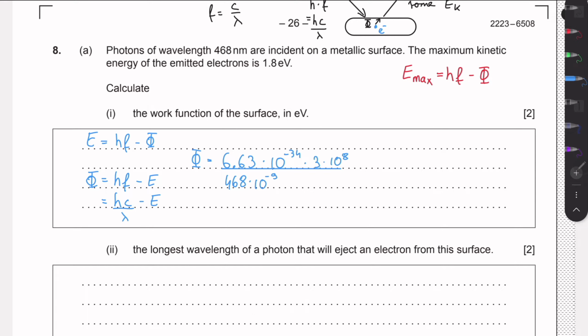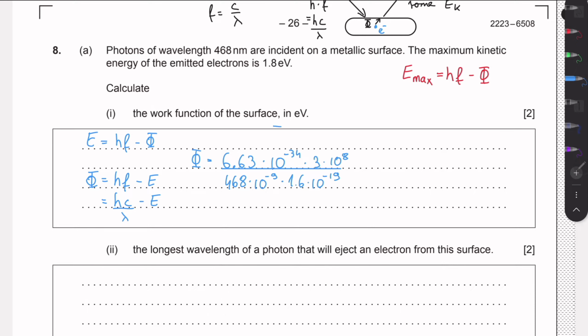Currently this expression gives the energy of a photon in joules. But we need to calculate the work function in electron volts, and the energy of the electrons is in electron volts. So we need to convert this energy of the photon from joules to electron volts, and we can do that by dividing by 1 electron volt, so 1.6 times 10 to the minus 19.